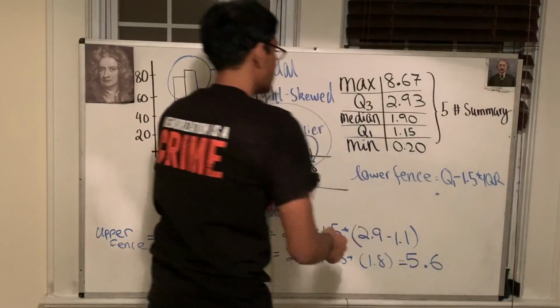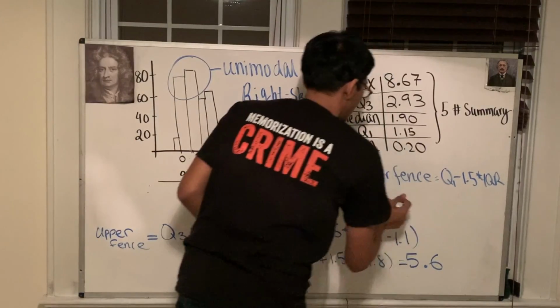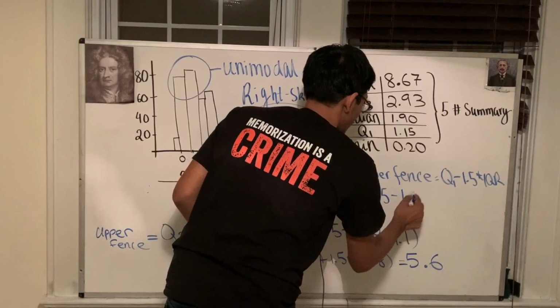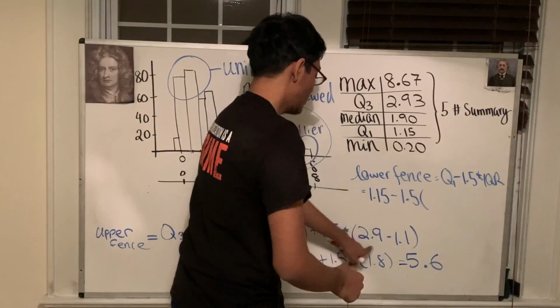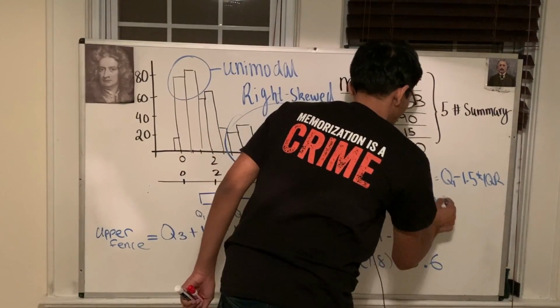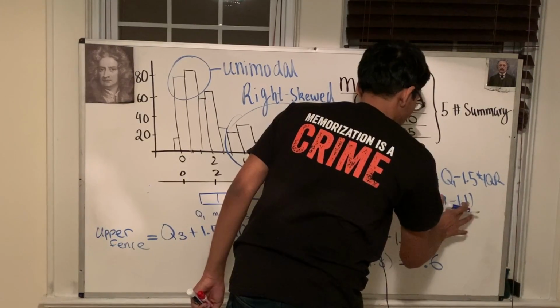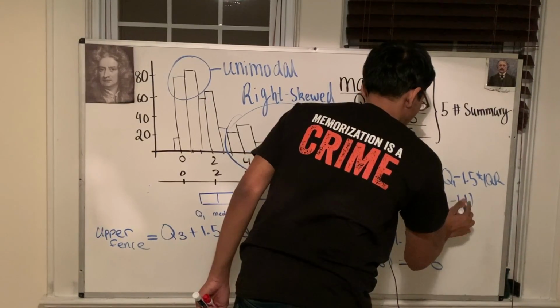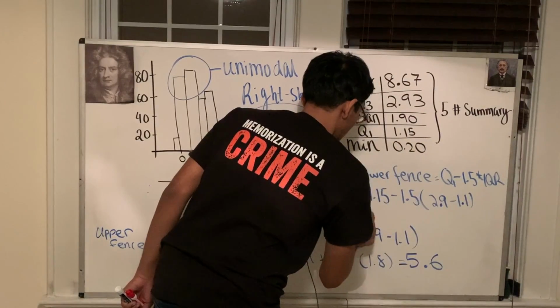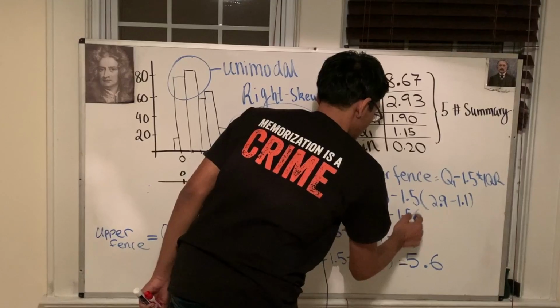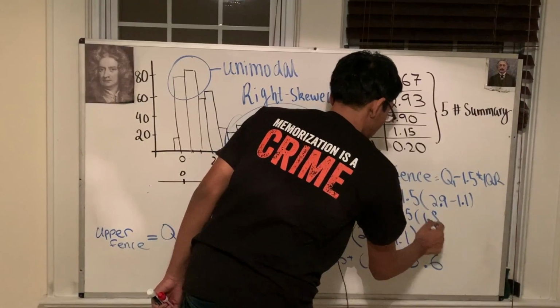Quartile 1 is 1.15 minus 1.5 times my interquartile range, 2.9 minus 1.1, which is 1.15 minus 1.5 times 1.8.